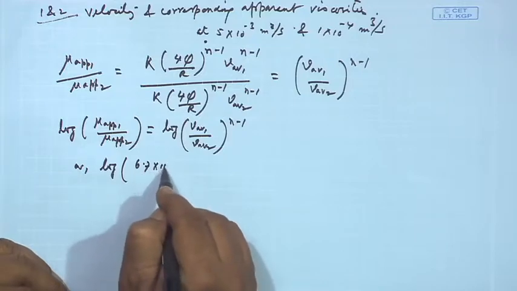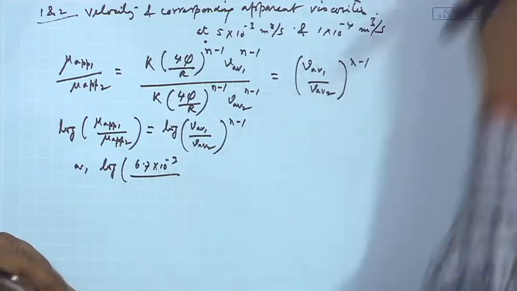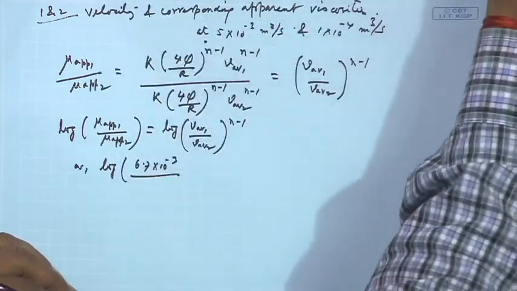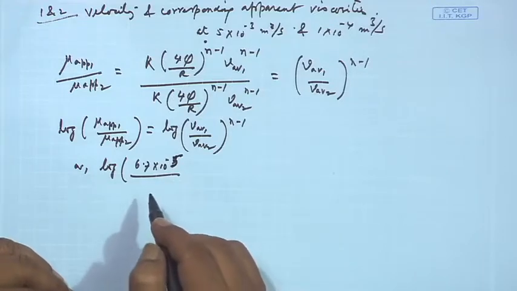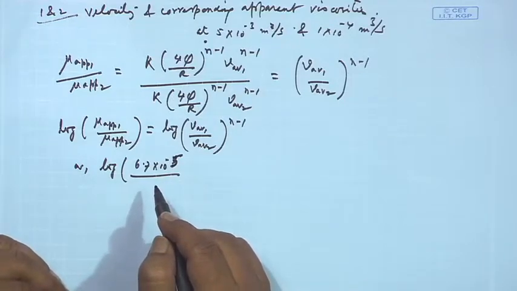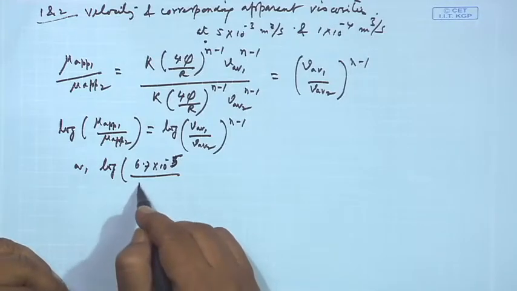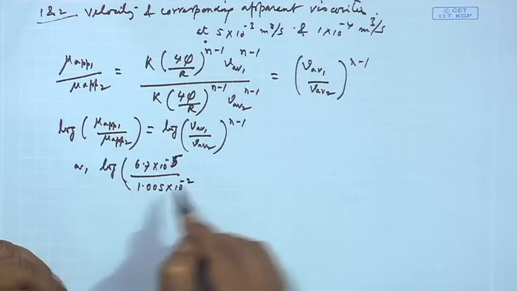log of 6.7 times 10 to the power minus 5, it was 6.7 times 10 to the minus 5, not minus 3, and for the second one we got mu apparent 1.005 times 10 to the minus 2, right.